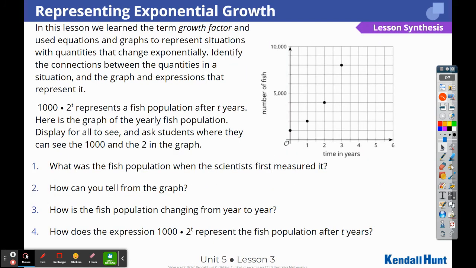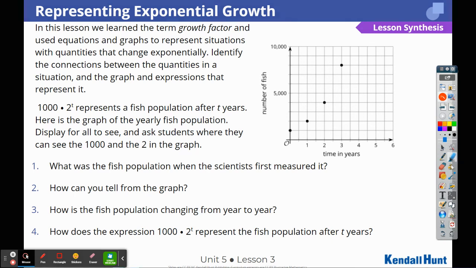All right, so I want to make sure that you understand the parts. So we're going to look at this situation, and you have the graph. So 1,000 times 2 to the power of t represents a fish population t years. So looking at the graph and the equation, what was the fish population when the scientists first measured it? 1,000.